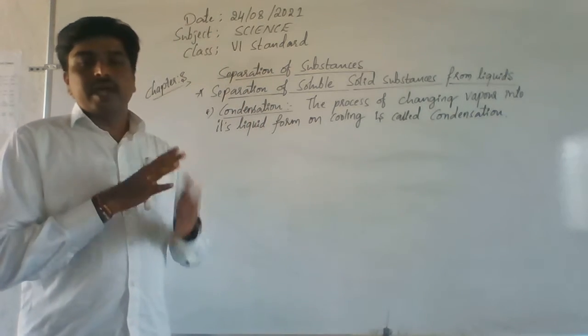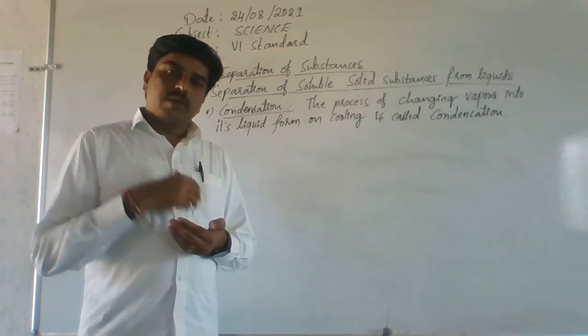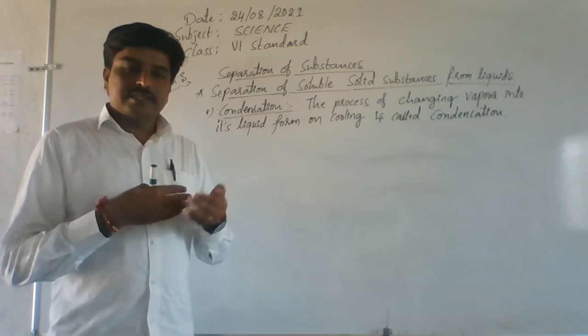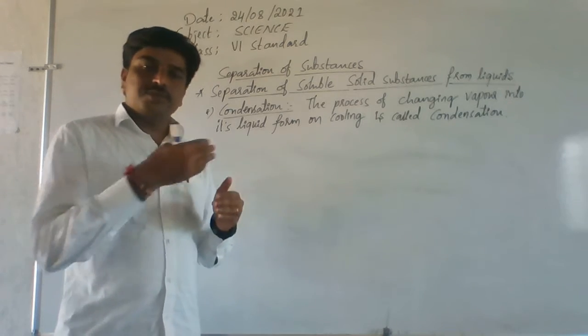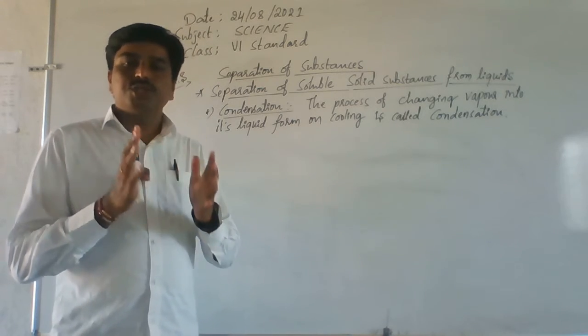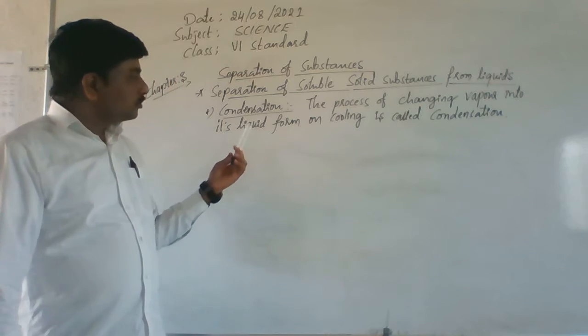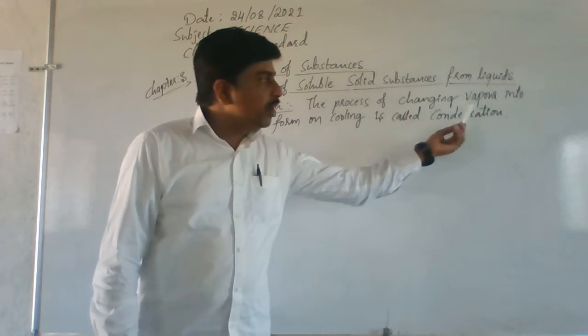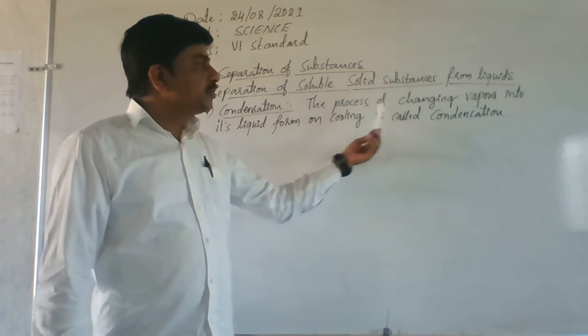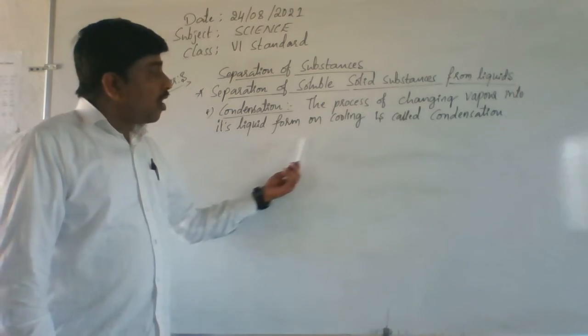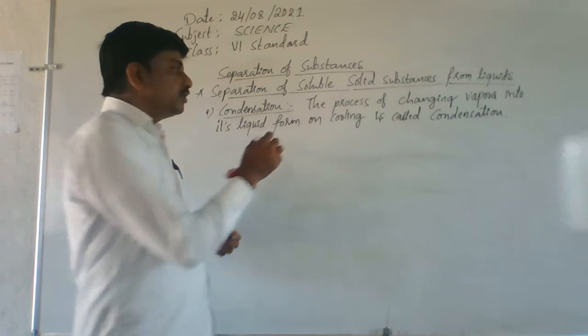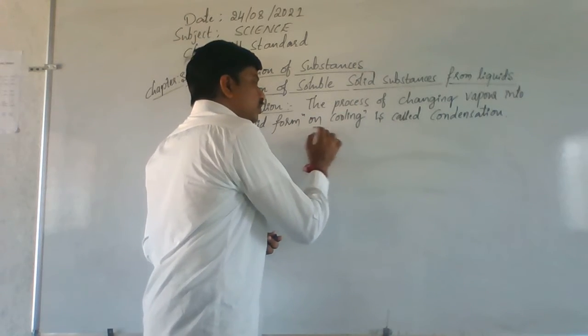When you cool the gases, these gases can easily turn into their liquid form. That process we call the condensation method. The process of changing vapor into its liquid form on cooling, very important, on cooling.